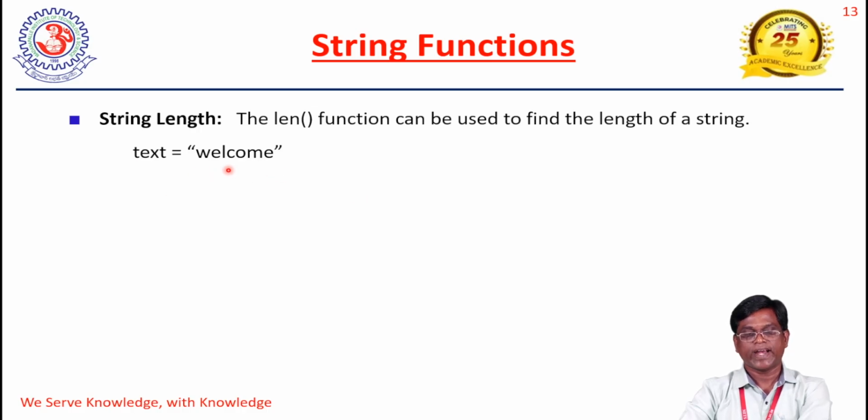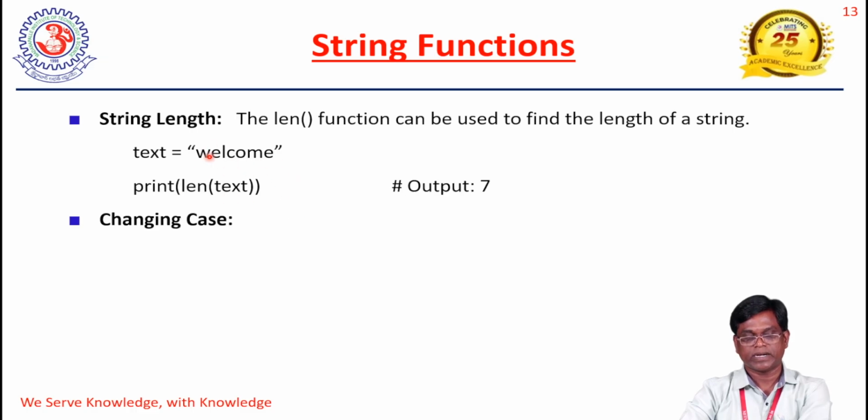Now I want to find the length of this string, so I apply the len function. It will count how many characters are there in that string. I'm giving the string name text. There are 7 characters, so it is going to display 7 here.